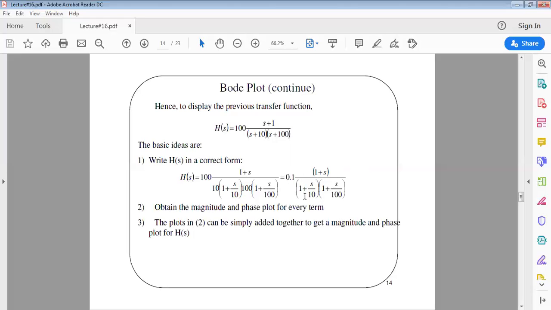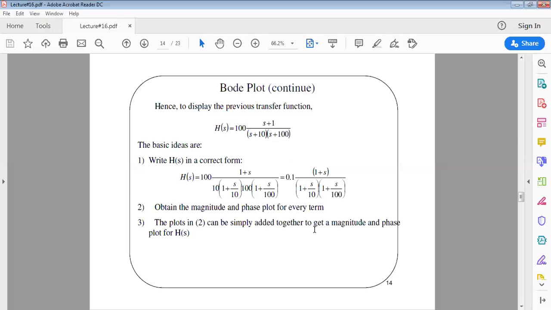Once you obtain the plots, both magnitudes and phases, for this transfer function, you head to the third step, which is that the plots in number 2 can simply be added. So we have to add them together to obtain the actual magnitude and phase plot for H(s).